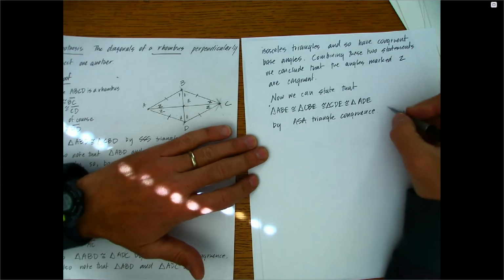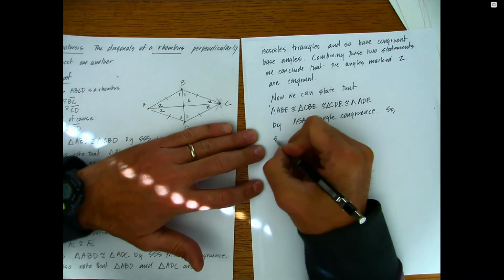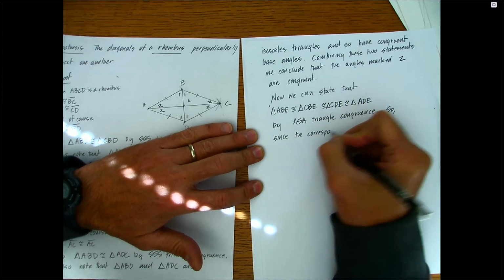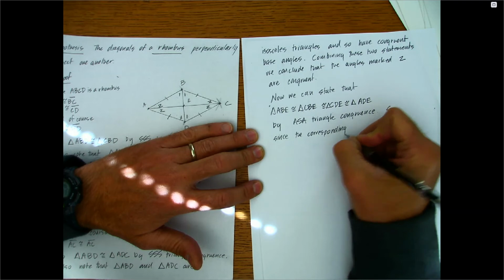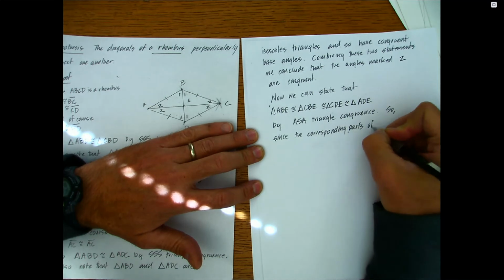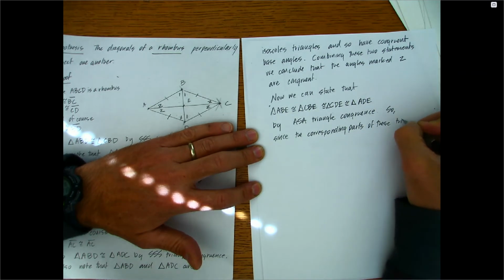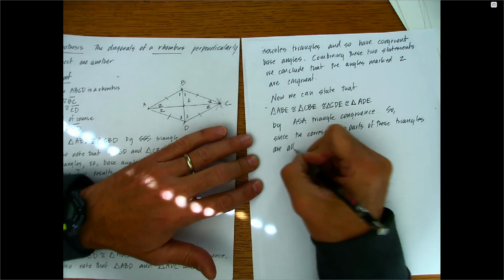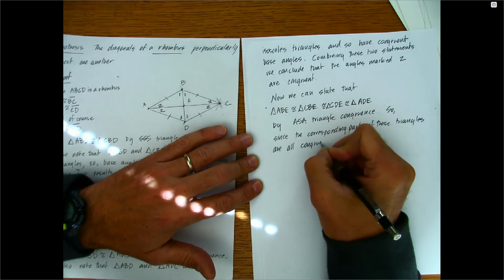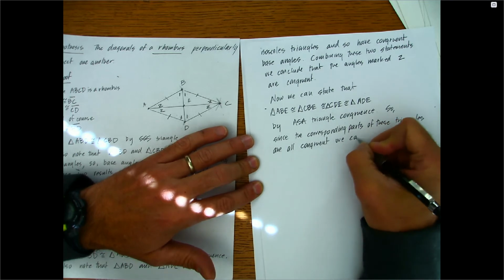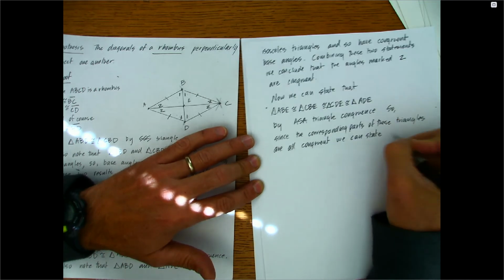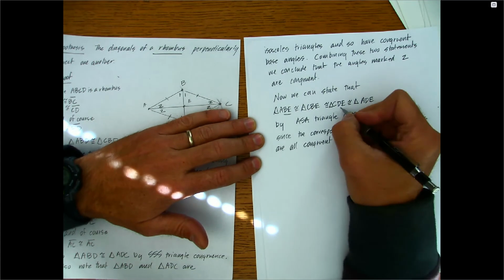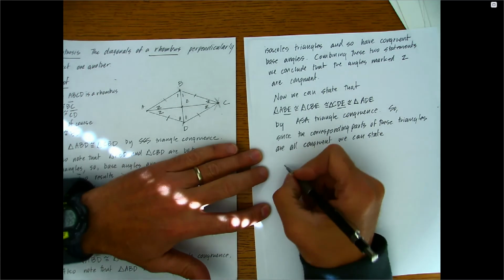And so, since the corresponding parts of these triangles are all congruent, we can state, well, for example, BE must be congruent to DE, right?